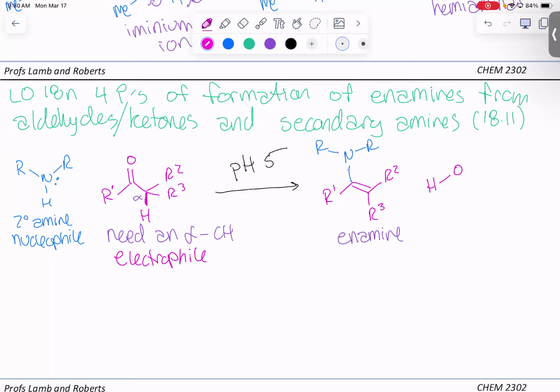What we see is that one proton came from the amine. Right, our secondary amine, we only have one proton there. And then on this side, we see this came from our alpha CH bond. All right, so that's where our byproduct is coming from. It's much easier to see mechanisms if you know where your byproducts are coming from.